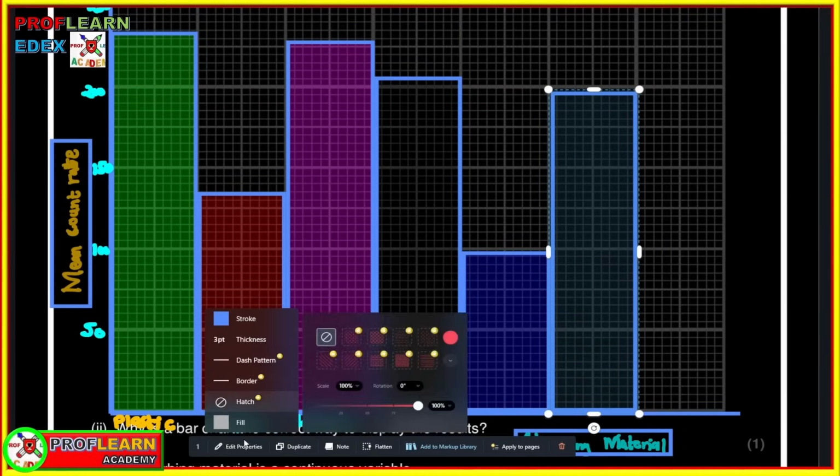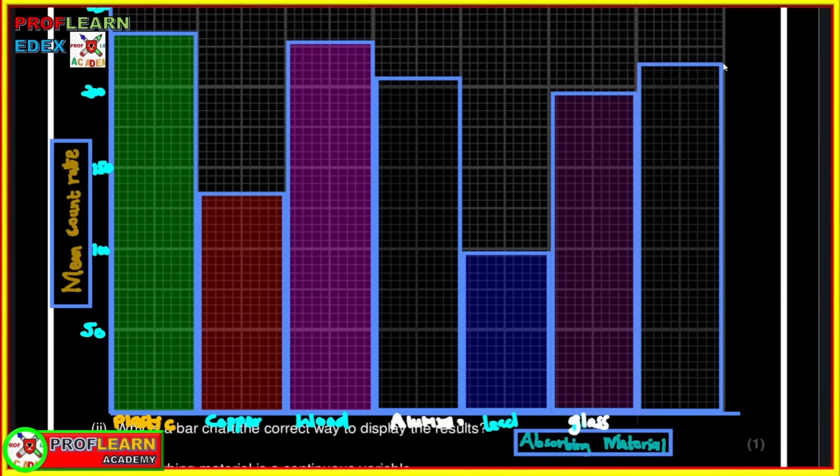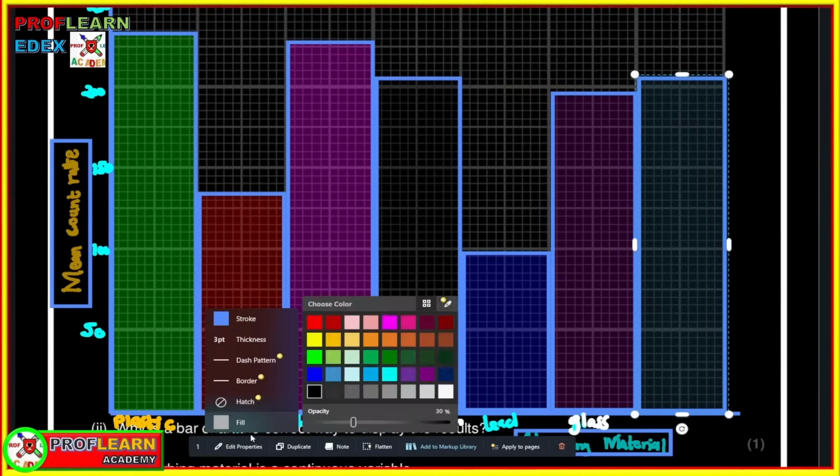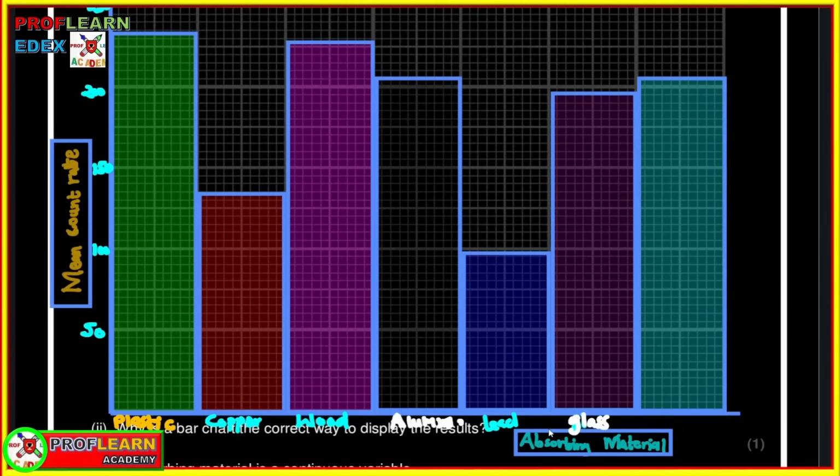This move, and the last one, let me just write this: lead. This is glass. This is glass, and the last one is going up to that point. Right, this is now. Let me just move this a little bit. The last one is what?